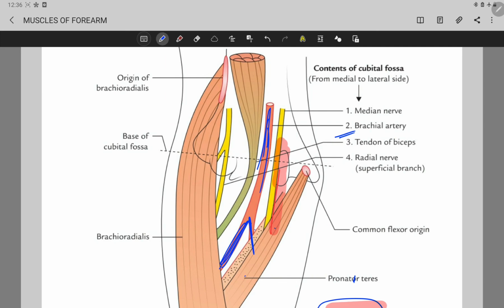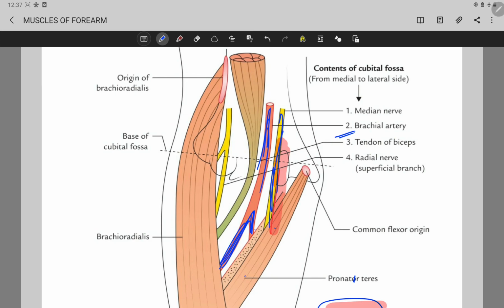This ulnar artery is passing deep to the deep head of the pronator teres, and the ulnar artery is separated from the median nerve by this deep head of the pronator teres.